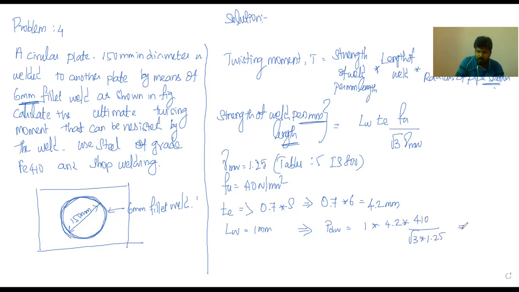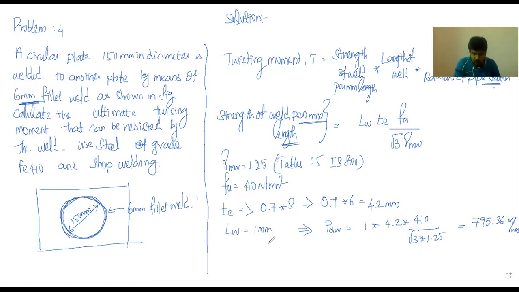If I substitute these values, I can get 795.36 Newton per mm. So this is the value we got per mm length.